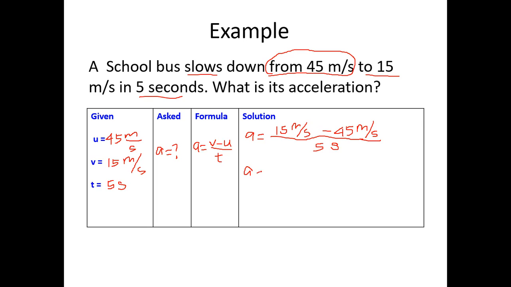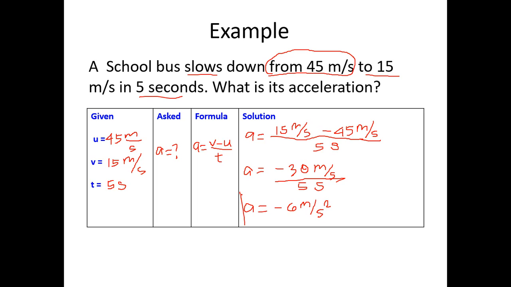So your acceleration will now give you negative 30 meters per second over 5 seconds. So therefore, your acceleration will now give you negative 6 meters per second squared.